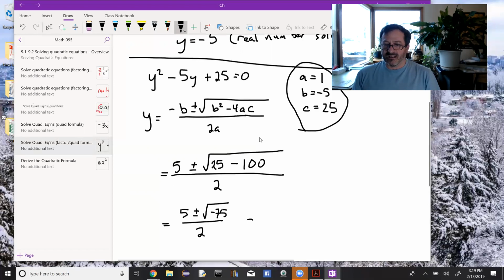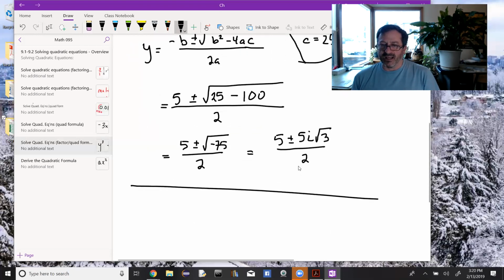So then this is 5 plus or minus, so root 75, that's -1 times 25 times 3. So it's going to be 5 for the 25 and i for the negative, left over with a square root of 3. And that's our answer. In XYZ, we'll have 2 sets of answers.